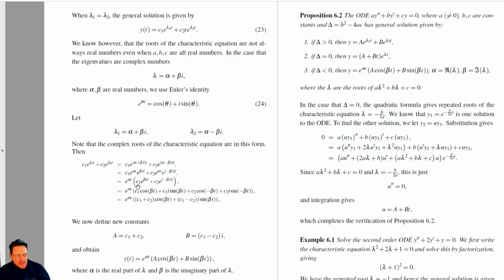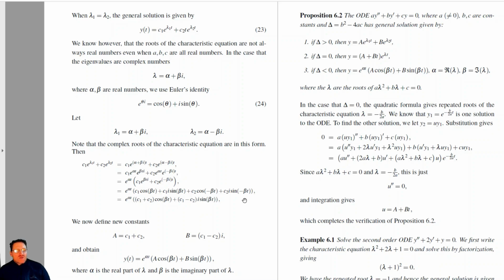And then finally we can use equation 24, Euler's identity there, to simplify this. So we have e to the beta t i is cos beta t plus i sine beta t. And then in front of that we've got c1. Likewise for the second part, e to the minus beta i t is cos of minus beta t plus i sine of minus beta t, and we have a c2 in front of those.